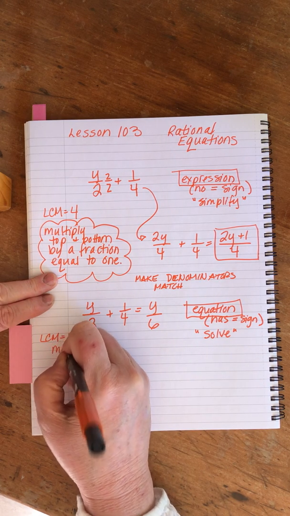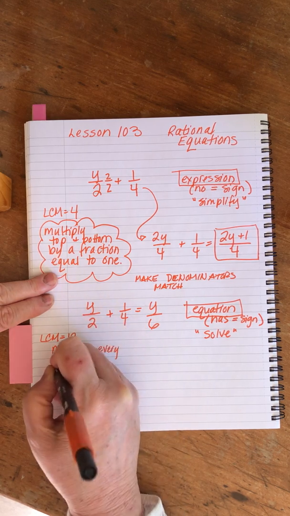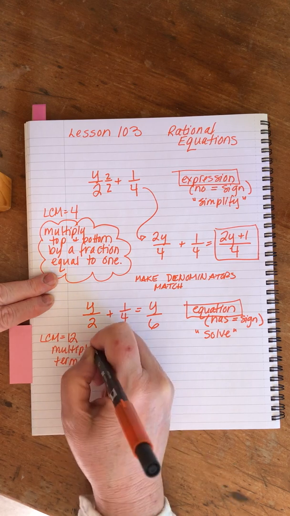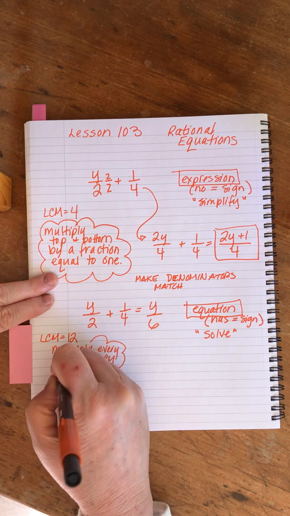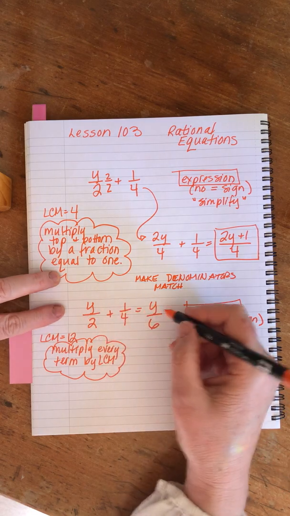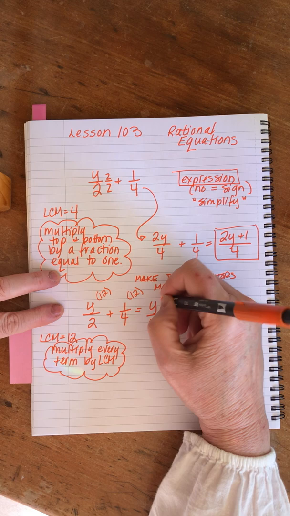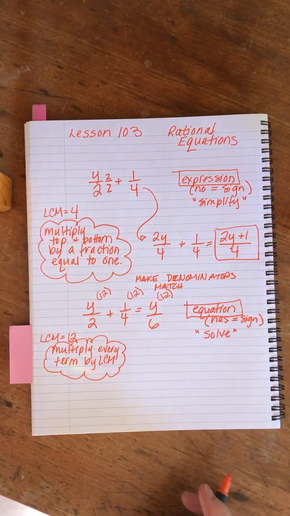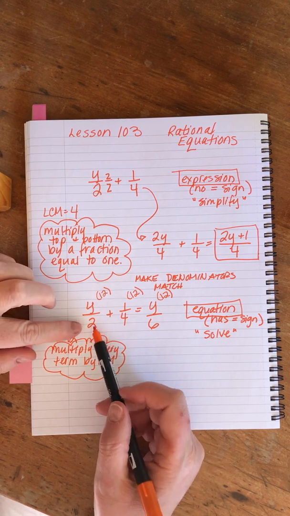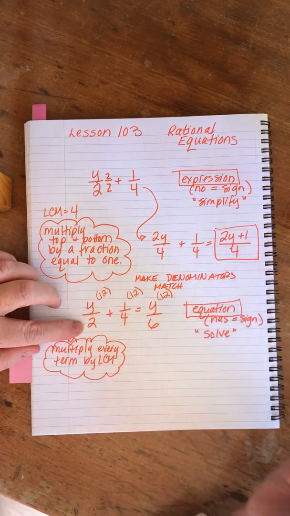We multiply every term by the LCM. Okay, so in this case, I'm going to multiply by 12, 12, and 12. Now, look what lovely thing that does. Because of the LCM's magical composition, every one of our denominators is going to cancel against that, right?